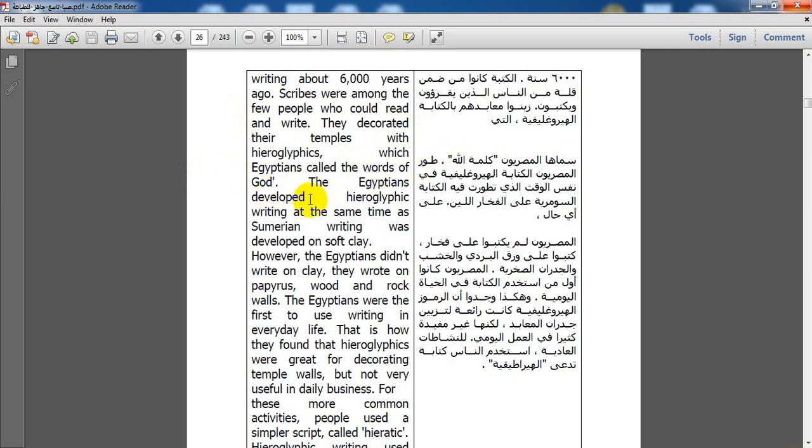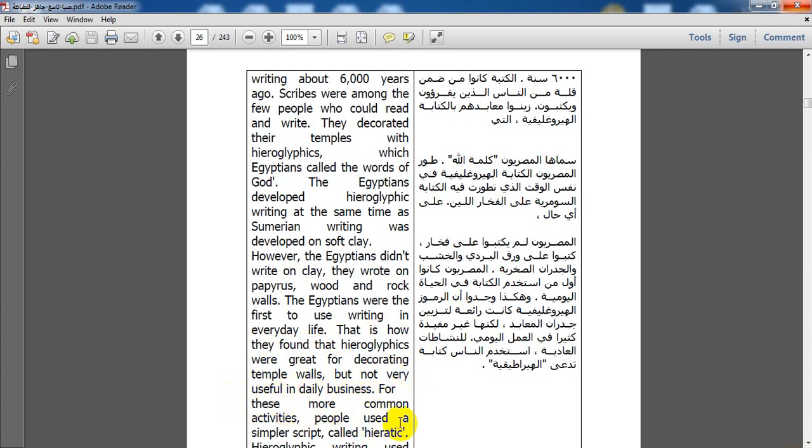The Egyptians developed hieroglyphic writing at the same time as Sumerian writing was developed on soft clay. However, the Egyptians didn't write on clay, they wrote on papyrus, wood and rock walls. The Egyptians were the first to use writing in everyday life. That is how they found the hieroglyphics were great for creating temple walls, but not very useful in daily business.